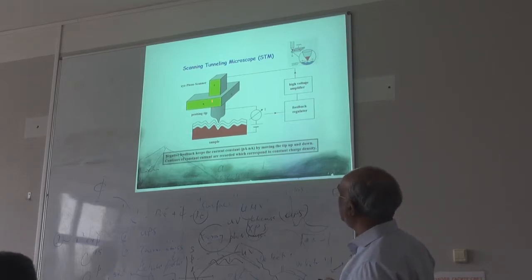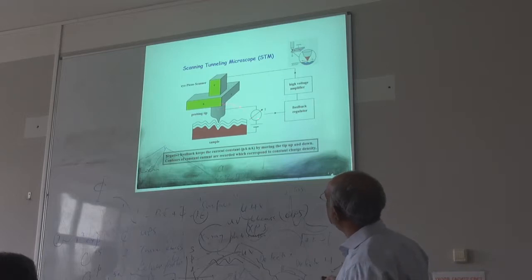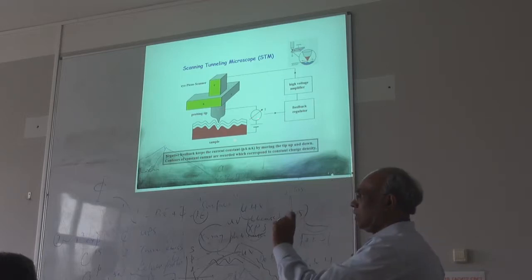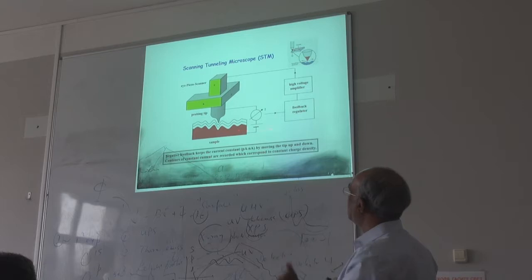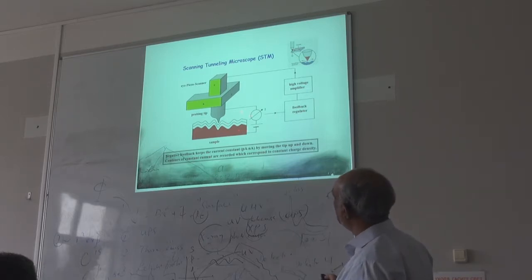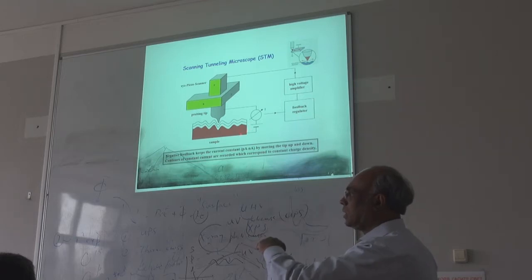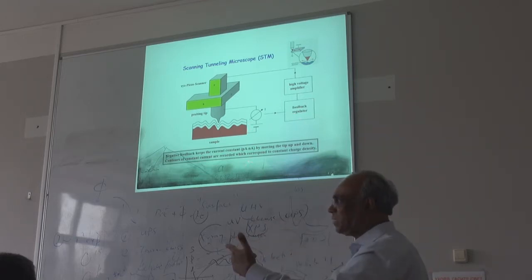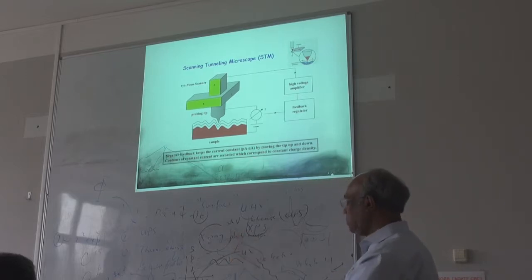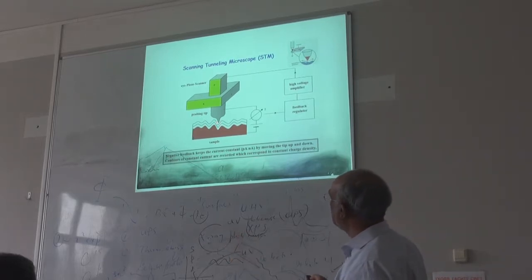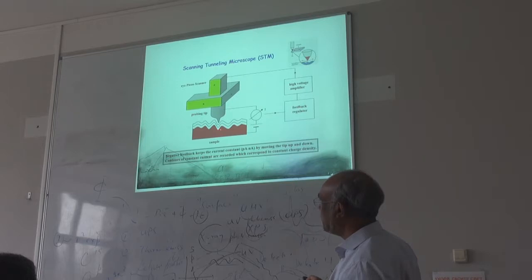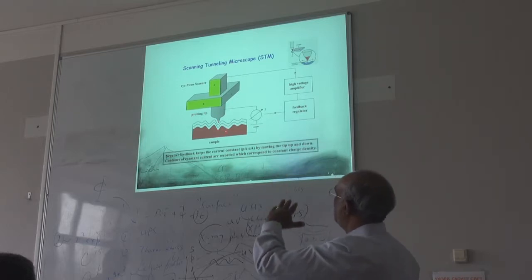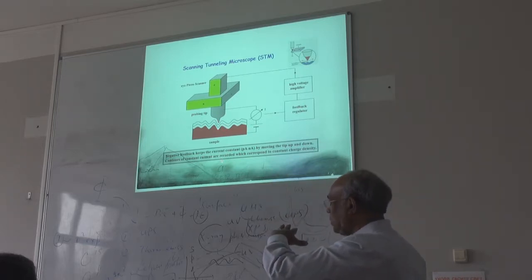But when you do this, the important thing is there is a piezoelectric support here. It will always try to keep the current constant. For that you need some feedback mechanism. If you come to a place with low current, it will bring the tip down.